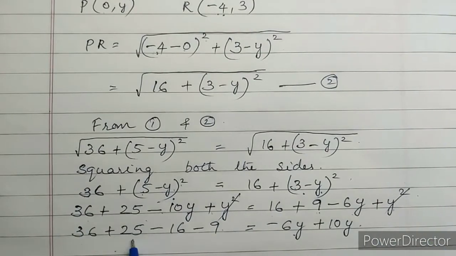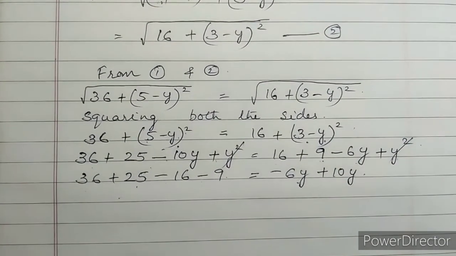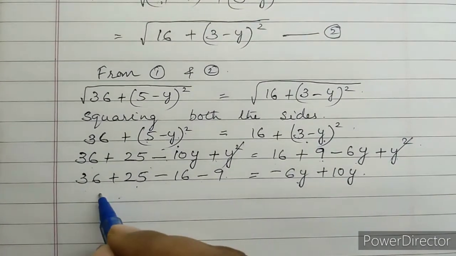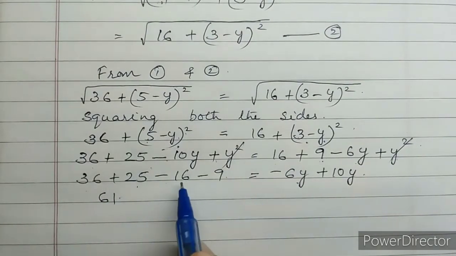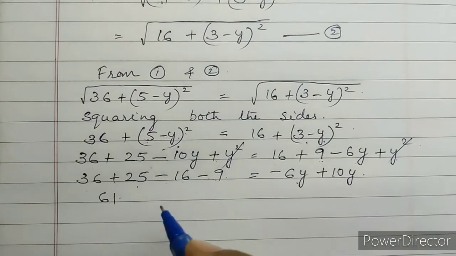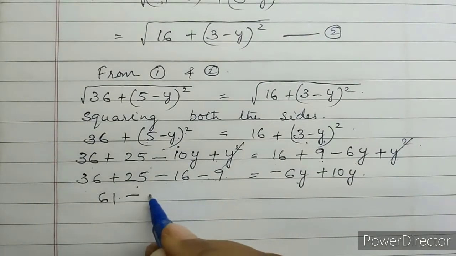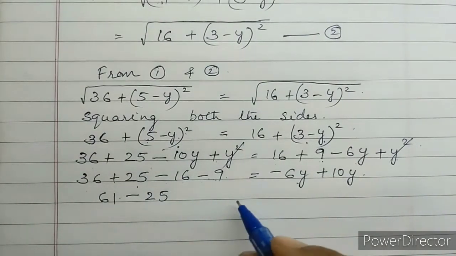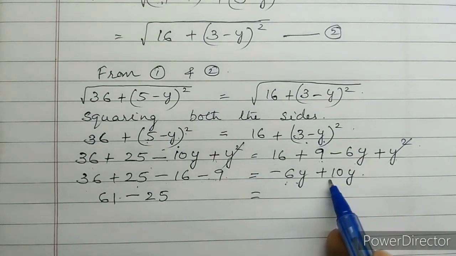So 36 plus 25 minus 16 minus 9. So 36 plus 25, it is 61. These both are same sign, so you can add it. 16 plus 9, it is 25, and put the negative symbol, minus 25, equals minus 6 and plus 10.